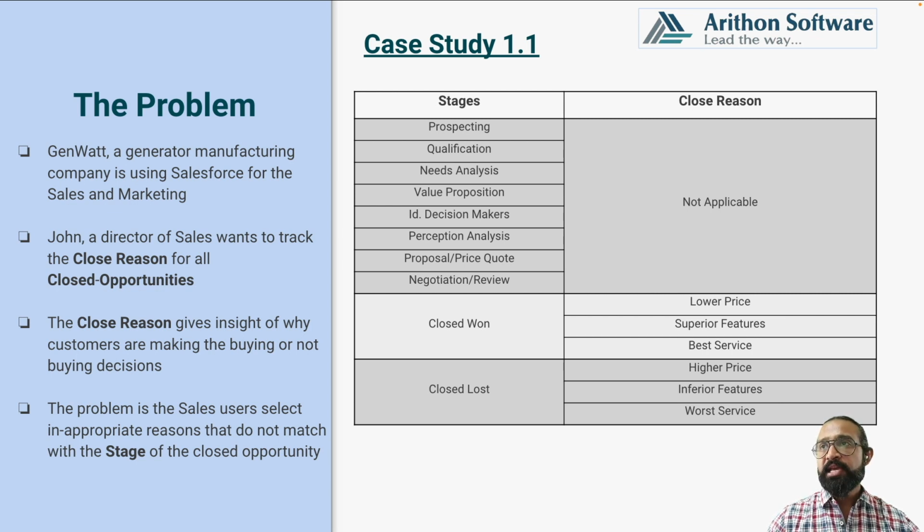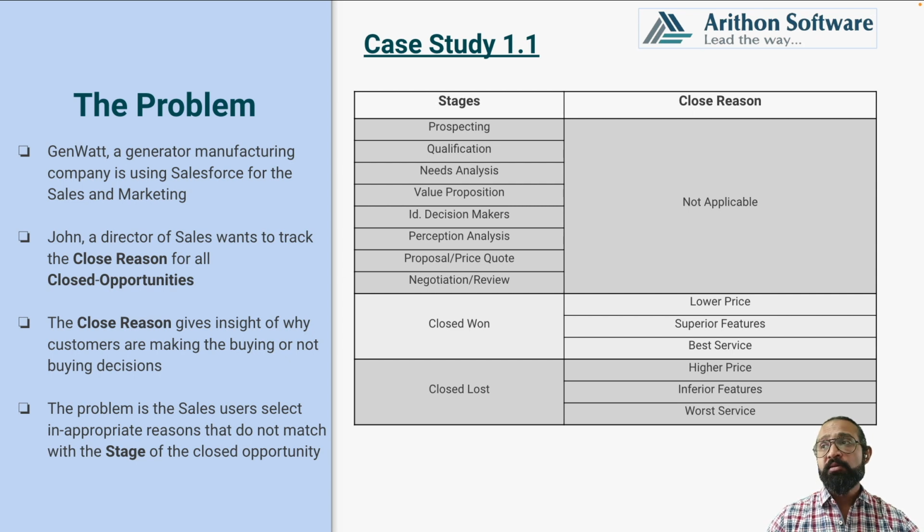So let's look at the table and understand the relation between the stage and close reason. The first eight stage values are open, and therefore no close reason is needed. The second last in the stage field is Closed Won.